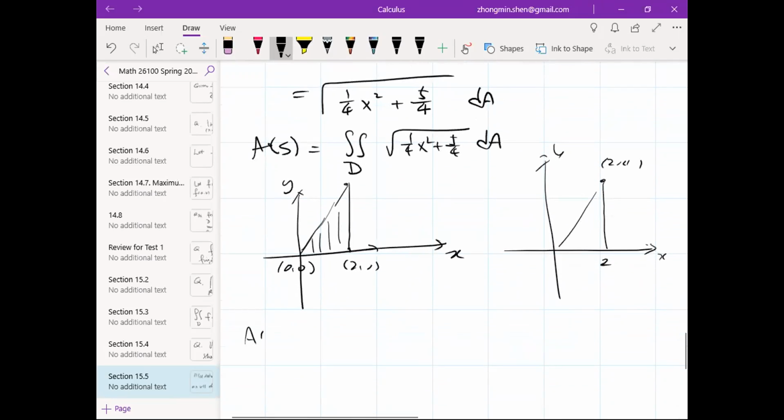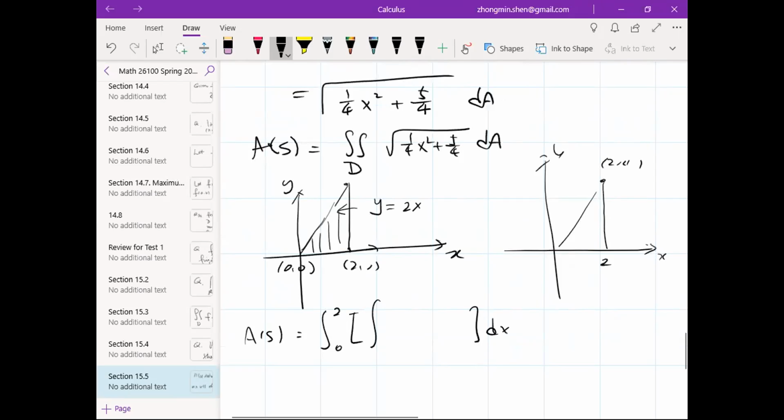So for the surface area, first of all, x is between 0 and 2, so dx, right? For each fixed x, what is the equation for this line? The equation for this line is y equals 2x.